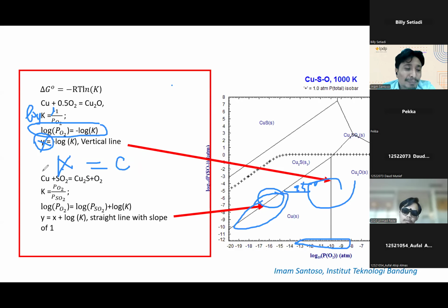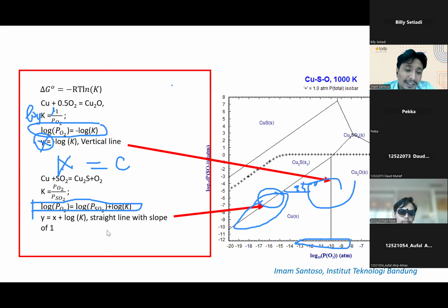It is from this reaction: copper with sulfur dioxide becomes copper sulfide plus oxygen, and this is the K, the equation of K. And then you put log, and from the log you will obtain this equation.